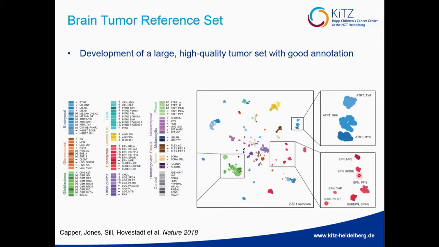And this already includes some of the subgroups that I just mentioned, such as here the ependymoma subgroups. So you can see that they are still localized closely together in the clustering, but still you can easily distinguish them. However, you might also have situations such as in medulloblastoma, where the Wnt medulloblastomas are located over here and the group 3-4 medulloblastomas are located over here, already indicating how different these are biologically.